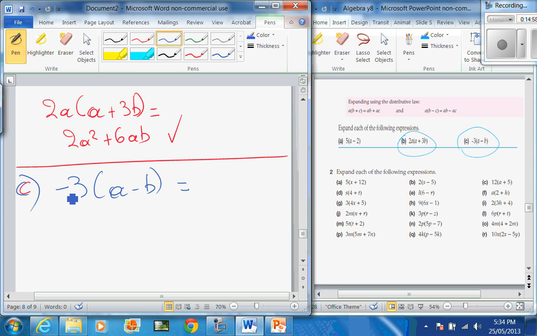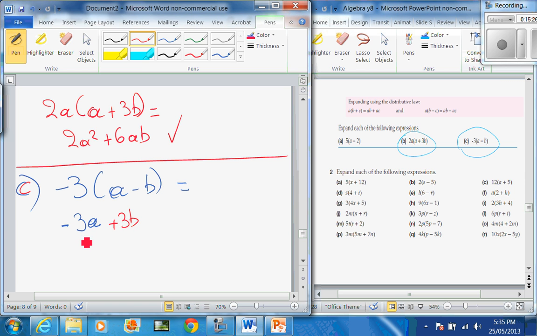So multiplying, I keep the sign of this, minus. 3 times a, perfect, 3a. And now I have minus the minus. When I multiply minus by minus, what will the answer be? Yes, plus. Trust your instinct, the plus came first. Plus 3 times b equals 3b.